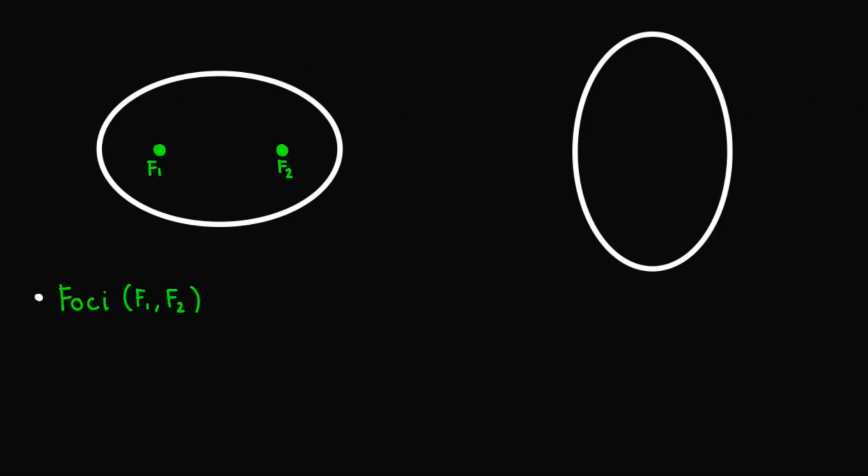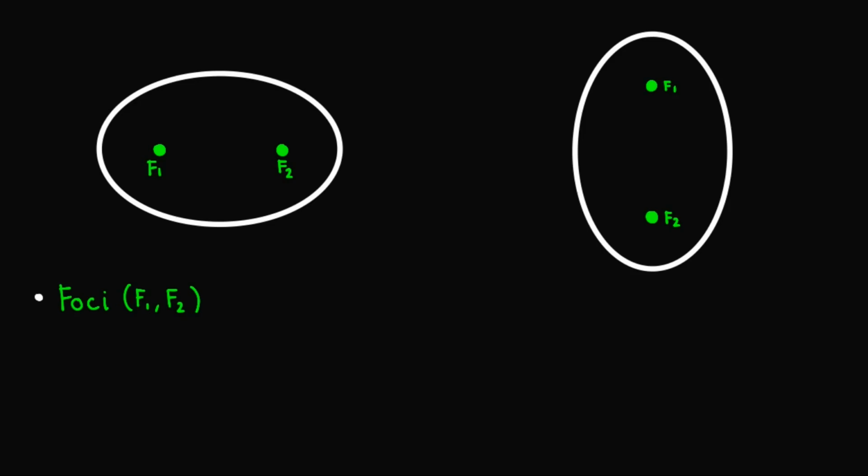Now again, going on to the parts. First, we know the foci. Again, foci is just the plural of focus, so it's like two focus. In a horizontal ellipse, it is placed here. For a vertical ellipse, it is placed here.